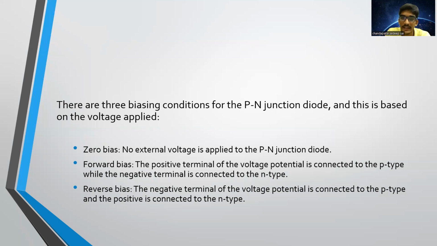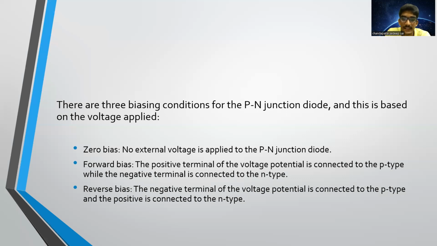So the PN junction diode is left as it is and it is not connected to any external voltage source.